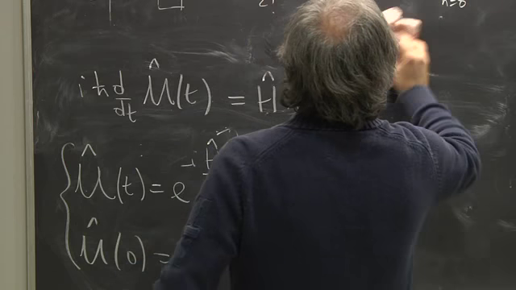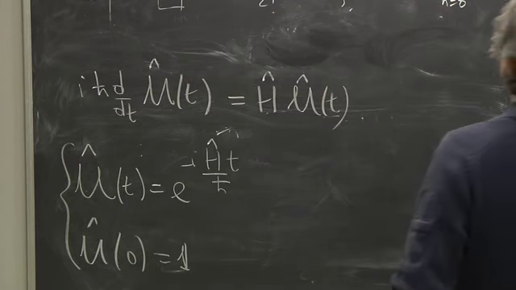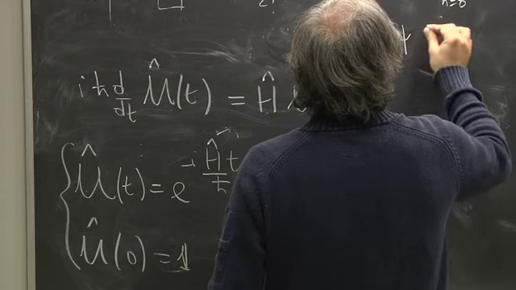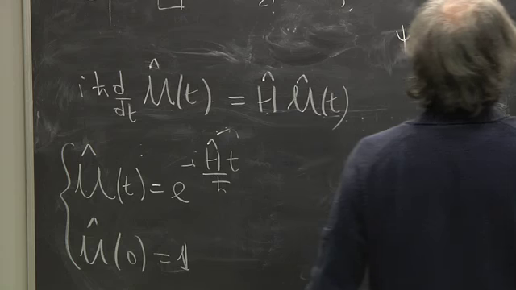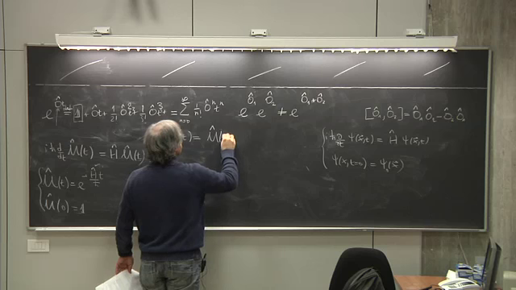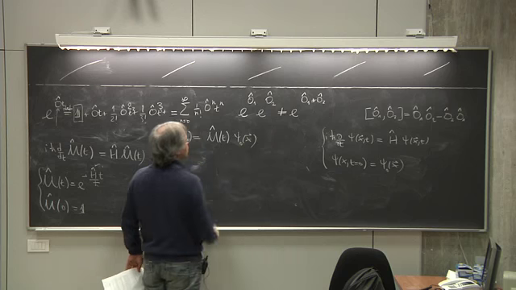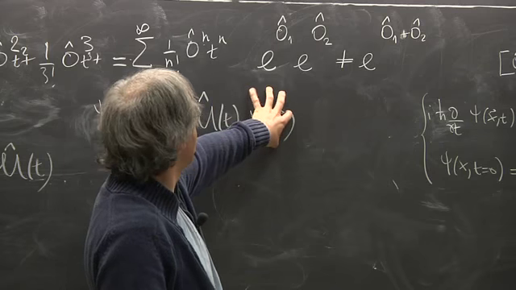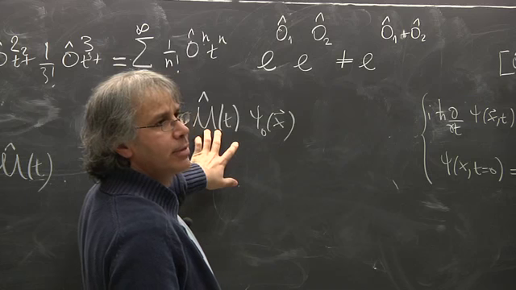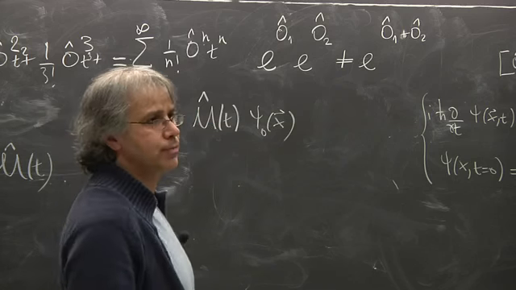Now, the solution of that problem. I want to prove for you that if I take psi of x and t equal to the evolution operator applied to psi 0 of x, the initial data I give you, then, magic, there comes the exact solution.